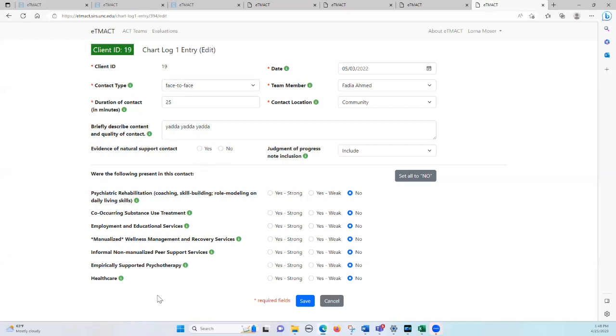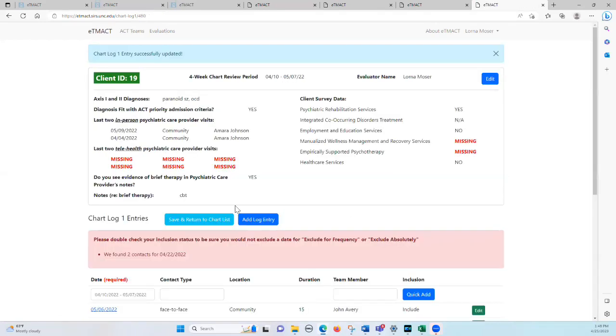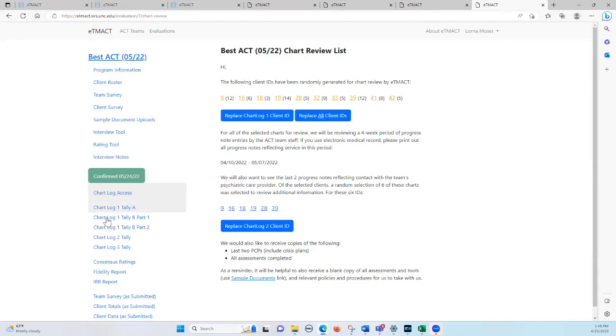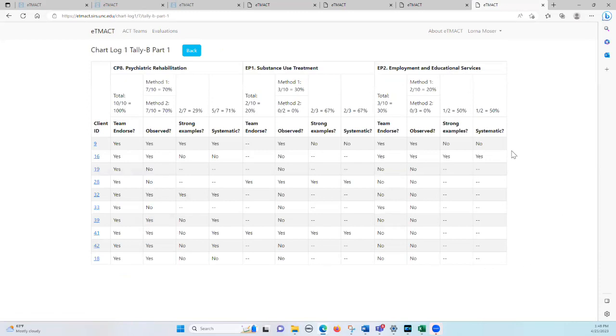This information is what's going to populate into chart log 1 tally B. So here we have psychiatric rehabilitation, substance use, and employment educational services.